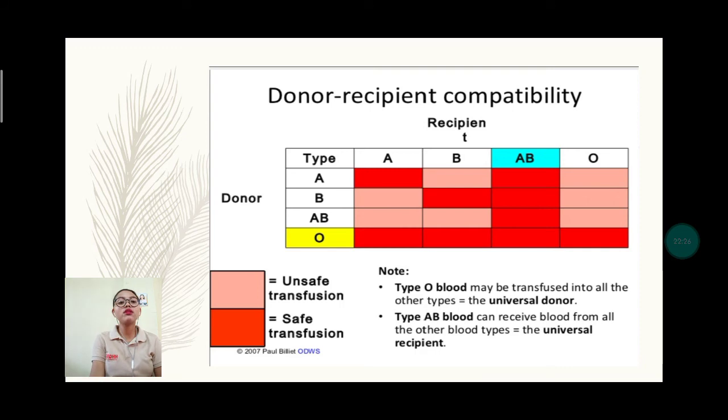But blood type AB is what we call royal blood. They are only universal recipients, but not universal donors.